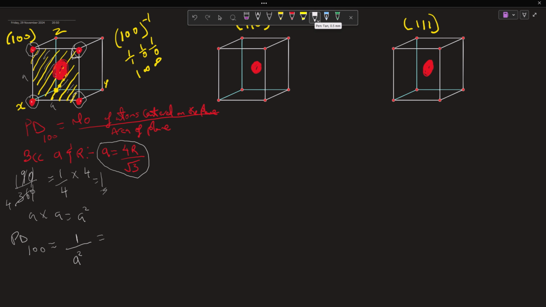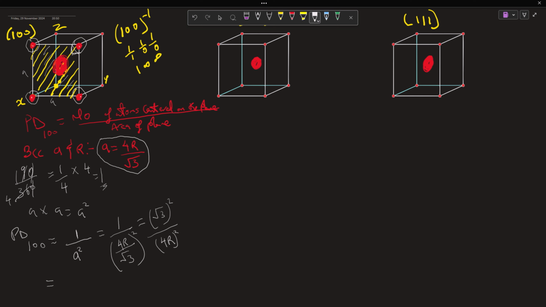We could denote it as 1 over (4R over root 3) all squared, equal to, by the time we expand the bracket and multiply, we have root 3 squared over 4R squared, which is equal to, what's root 3 squared?